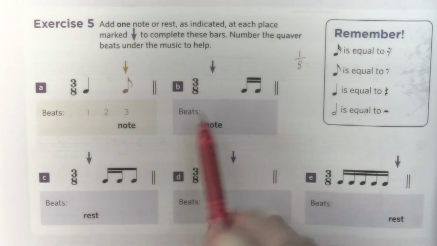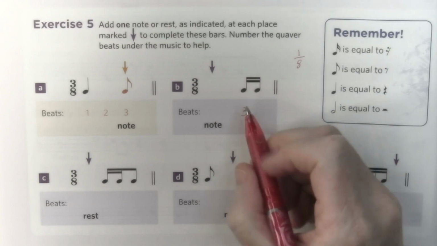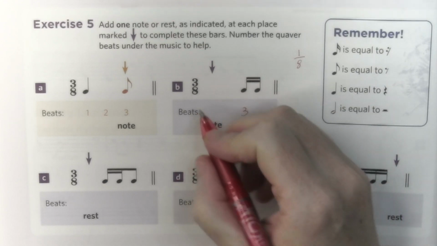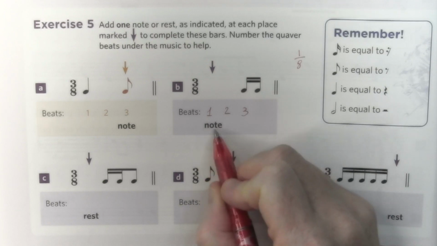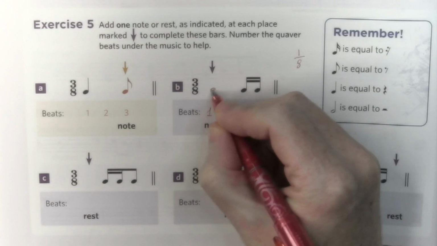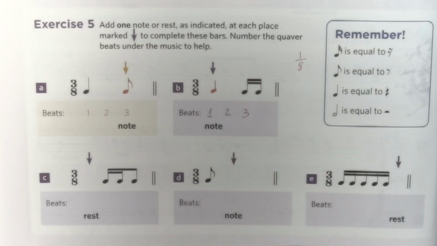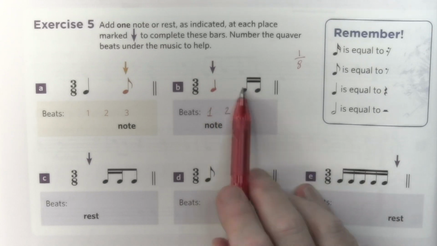Now here we need to add a note. So this is 1 quaver, so that must be the last beat of the bar. We need 1 and 2, and which note contains 2 quavers? The crotchet. So a crotchet that lasts for 2 quavers, and another quaver here.